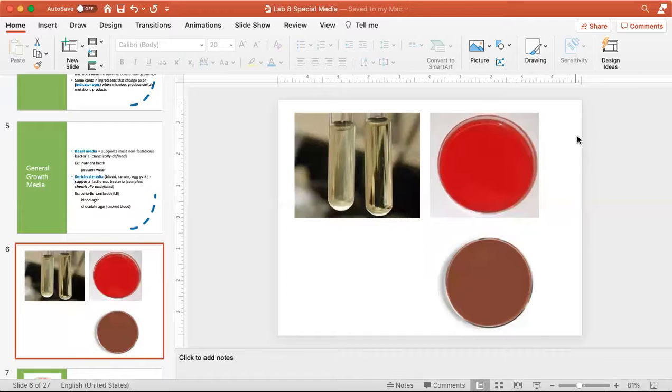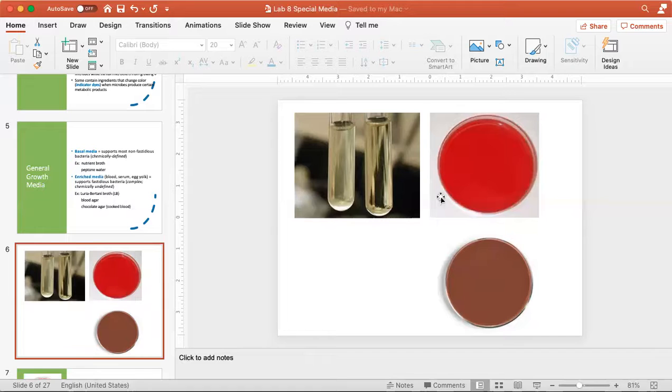On this slide, on the upper right-hand side, you're looking at an agar plate that contains blood agar. So this is a media that has this one unknown sort of mysterious complex ingredient in it, which is blood.